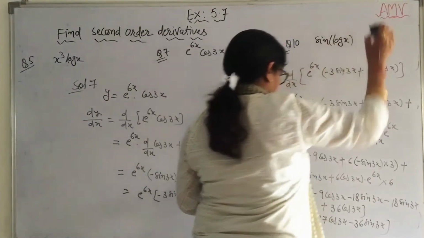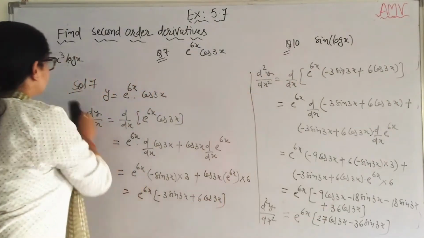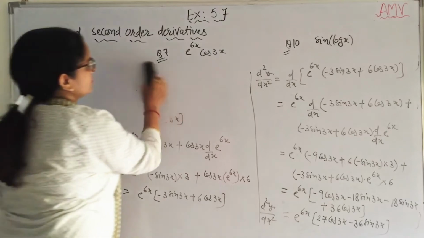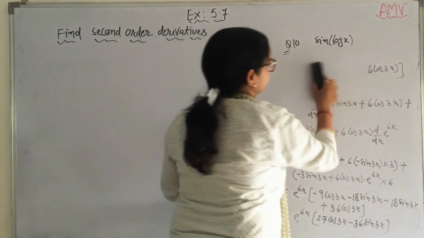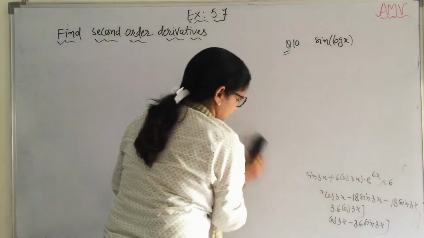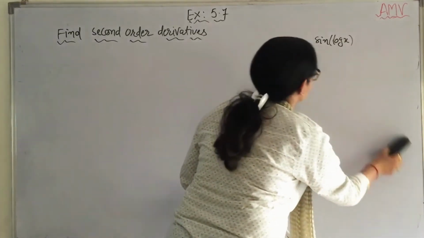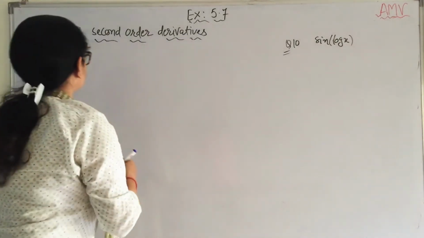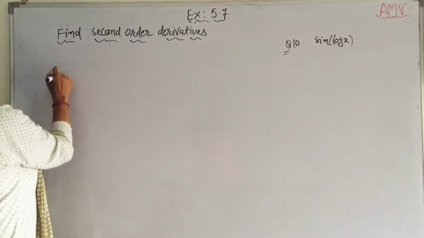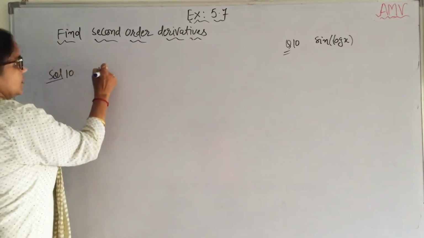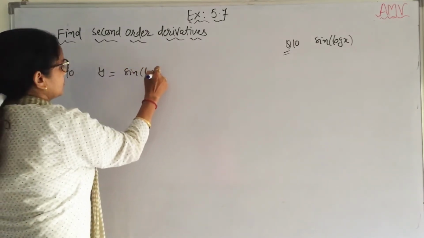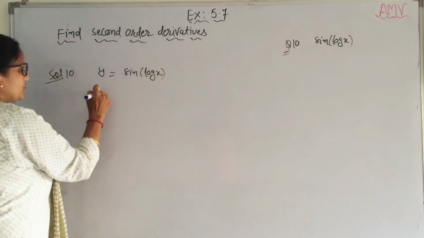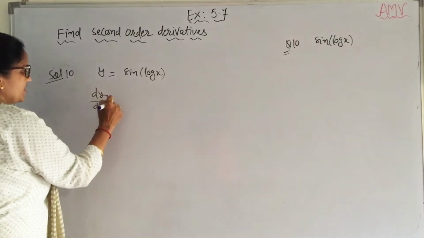Now students, move to the next question, and I am going to solve question number 10. Okay. So first of all, let y is equal to sin log x. Okay. So first order derivative dy by dx.